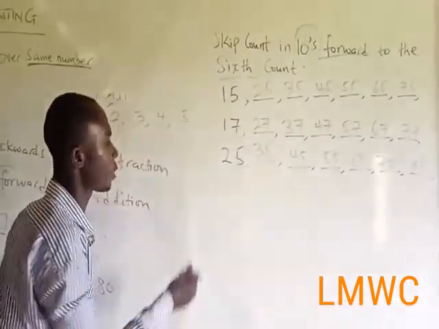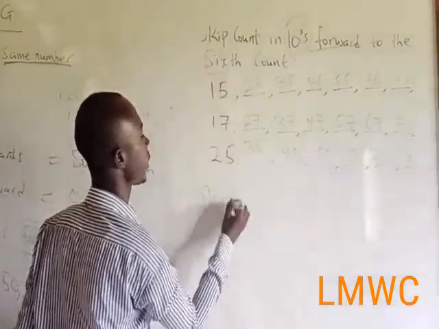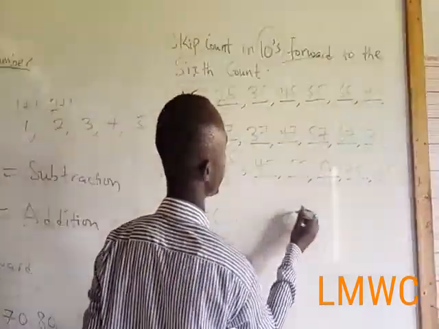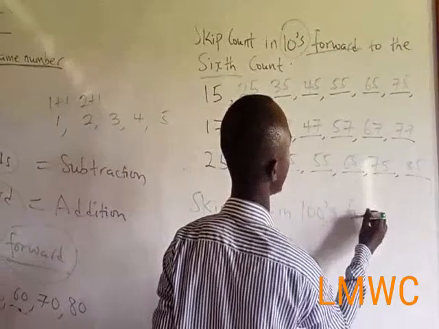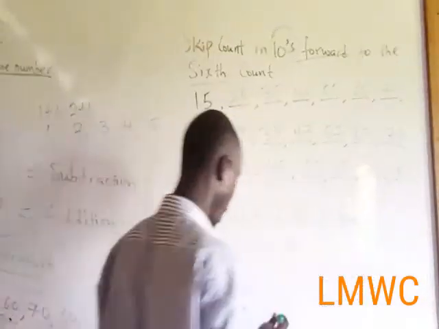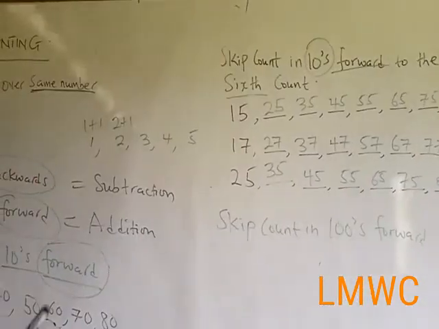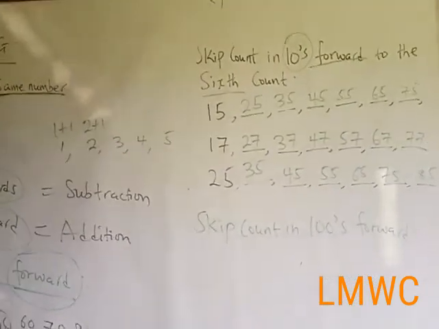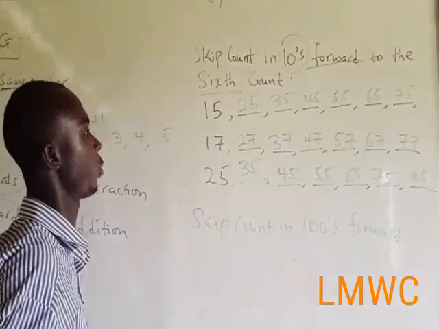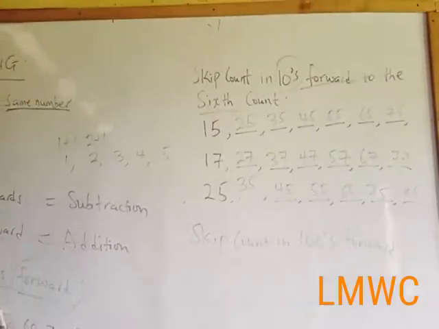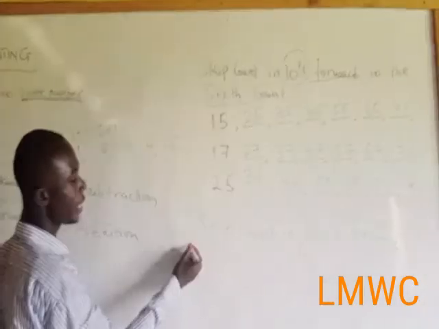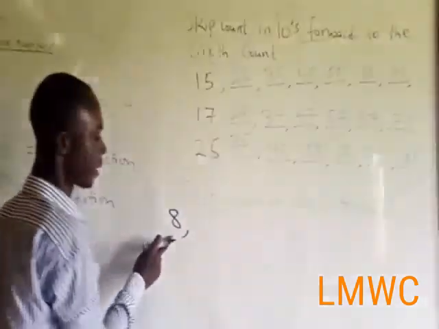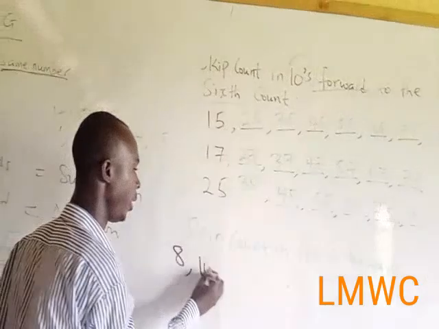You can also be asked to skip count in hundreds forward. You see now, I didn't give you up to the fourth count, fifth count, seventh count, or ninth count. They can give you up to the 12th count. So once I give you 8, 8 plus 100, you get what? 108.